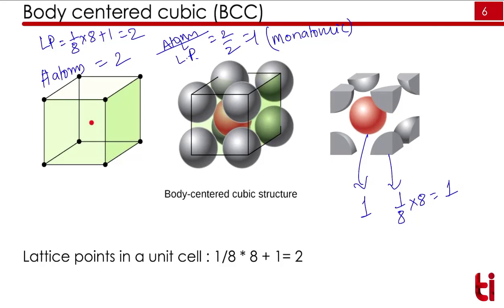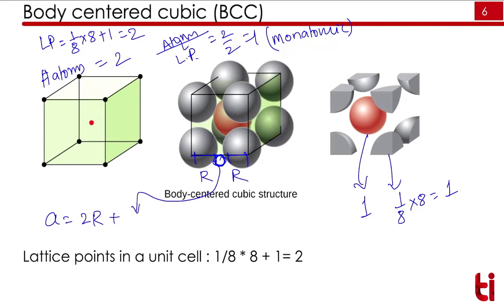The relation between a and r is very critical here, or is not that easy, because we don't know the distance. For example, we know this radius r, we know this radius r, so we can find a equal to 2r plus this space, right?